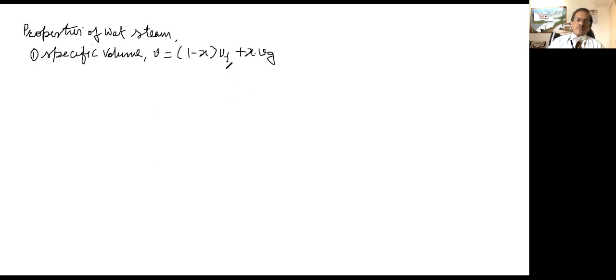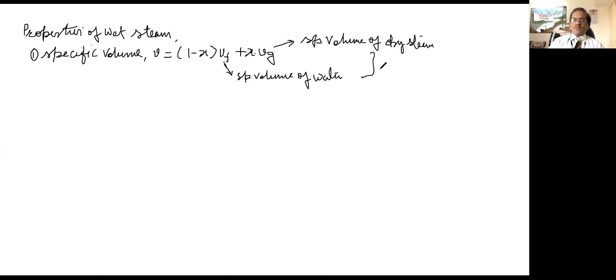This Vf is the specific volume of water, and Vg is the specific volume of dry steam, or we can also say dry saturated steam.